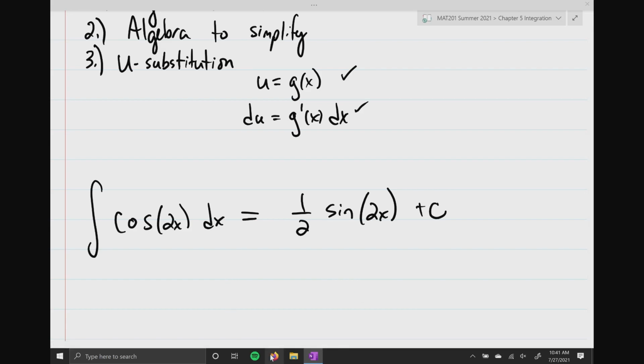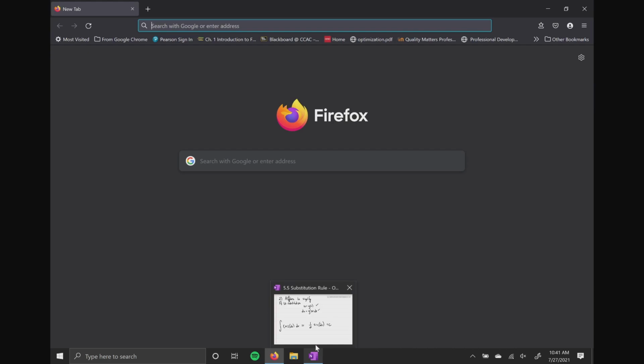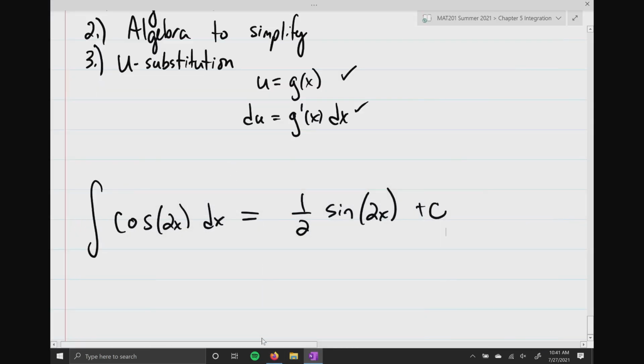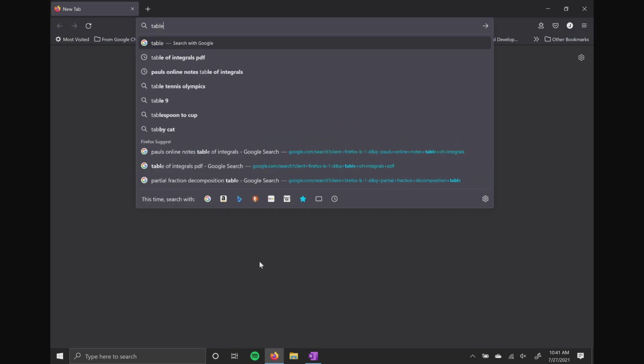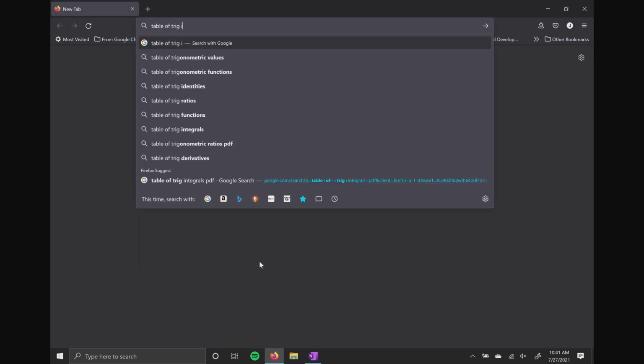So I'm just going to get out the internet here real quick. I'm just going to type into Google here, table of trig integrals.